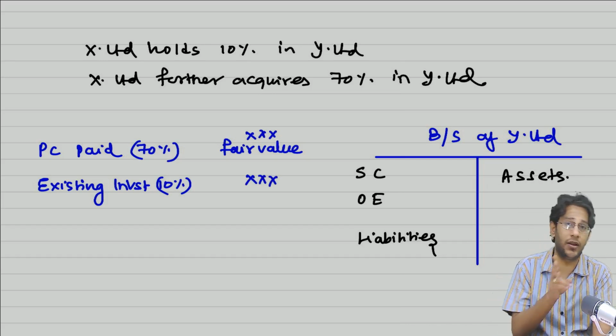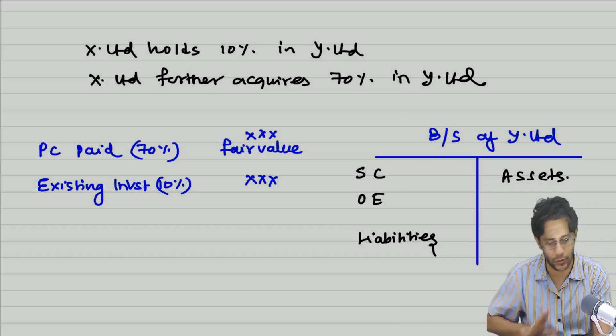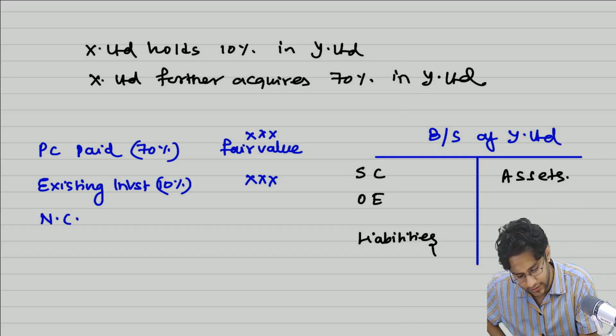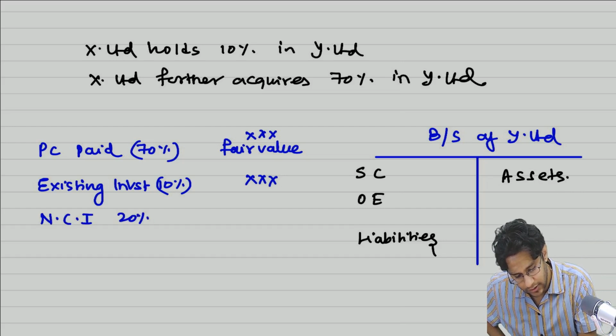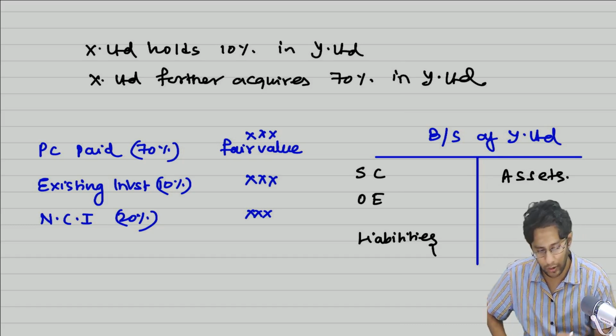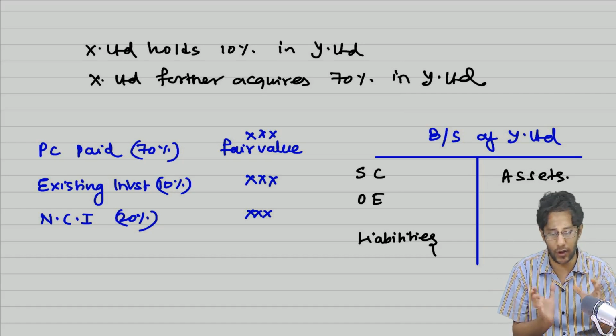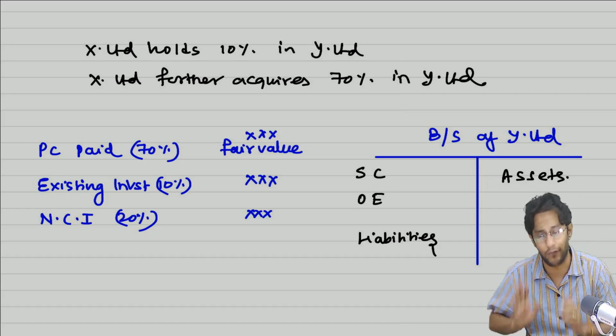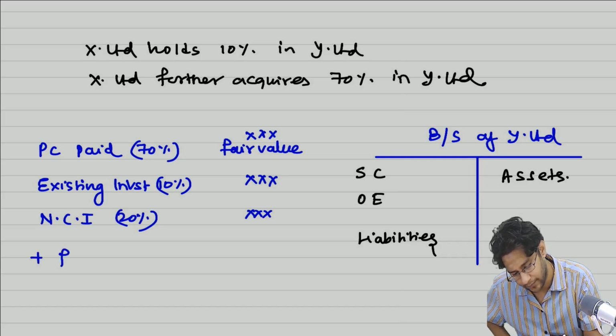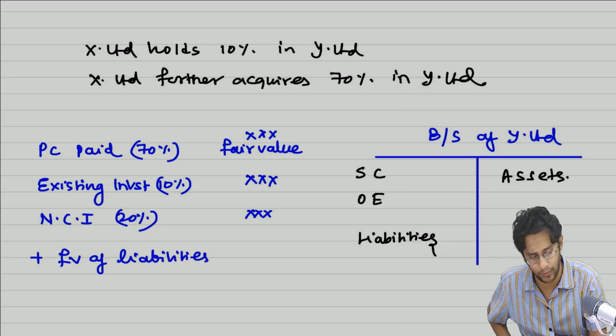Then another 20% you are not holding, but somebody else is holding, that we call the non-controlling interest from the consolidation chapter. This also you take at fair value. So what you have done effectively is 70 plus 10 plus 20, total 100% of the shares of Y Limited value you have gotten. To that add the fair value of liabilities. Whatever liabilities are there in the balance sheet of Y Limited, get the fair value.